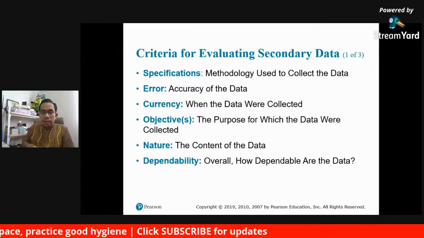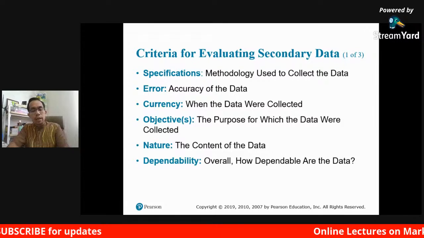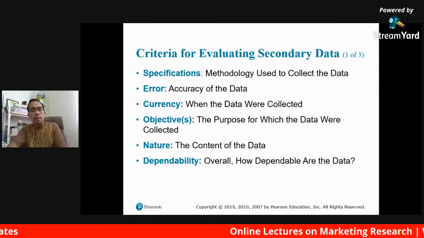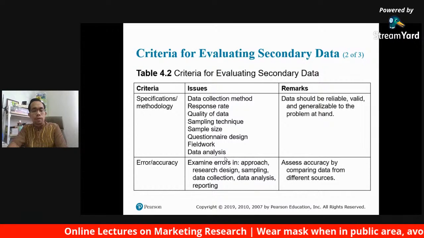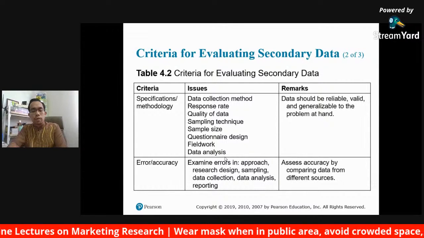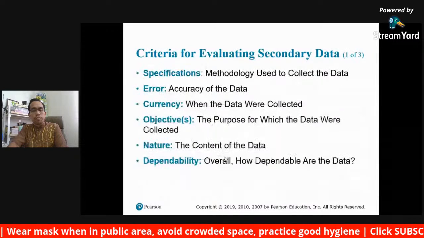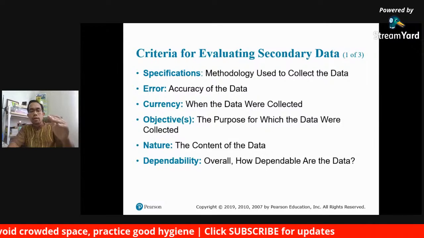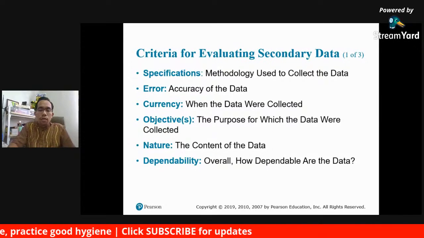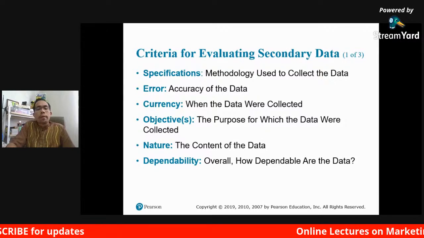All right, criteria for evaluating secondary data. You have the table in the book. Let's read out all the criteria first before we go further in detail one by one.